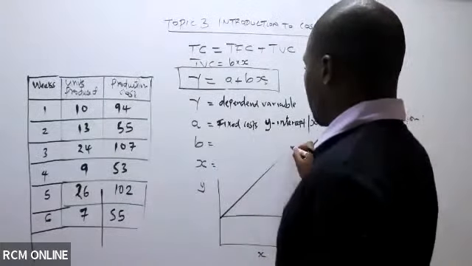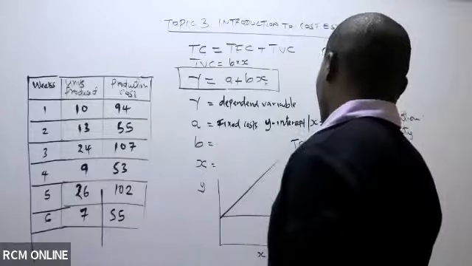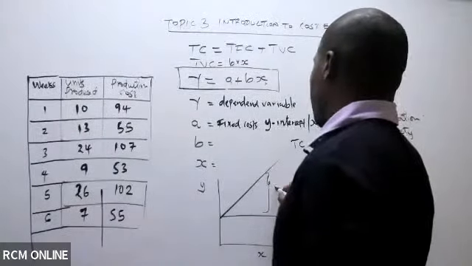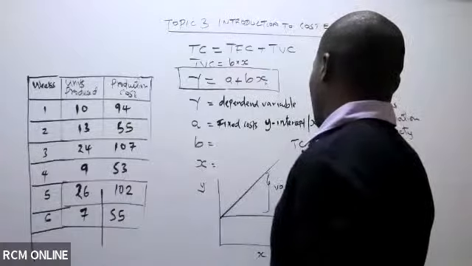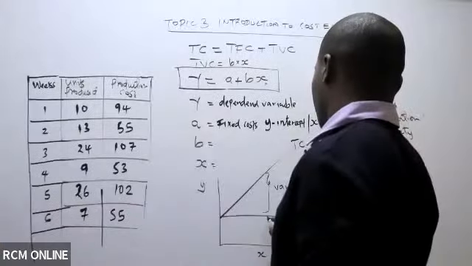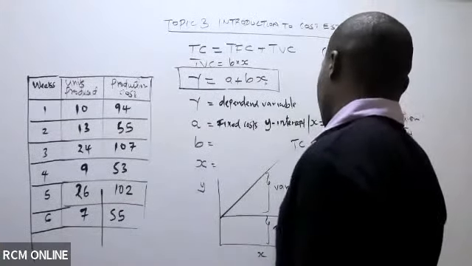So this is total cost curve, right? This is total fixed cost. So this portion, this is the variable cost. We are going to use this again in topic number 8 under CVP analysis.